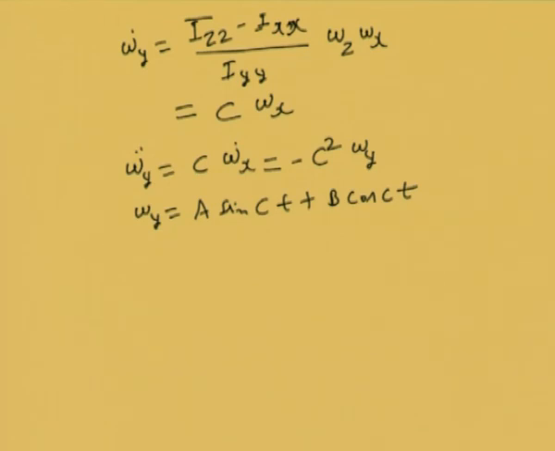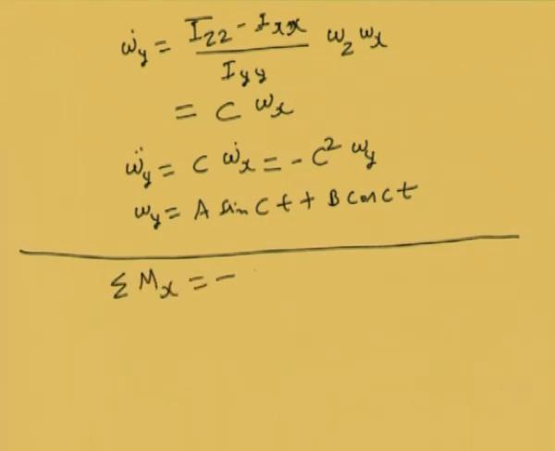Now if angular velocity is constant, then what happens? There will not be any dot terms. Sigma mx will be minus (Iyy minus Izz) omega y omega z.